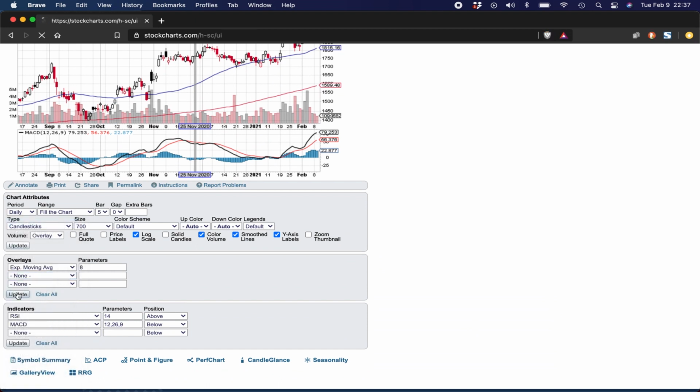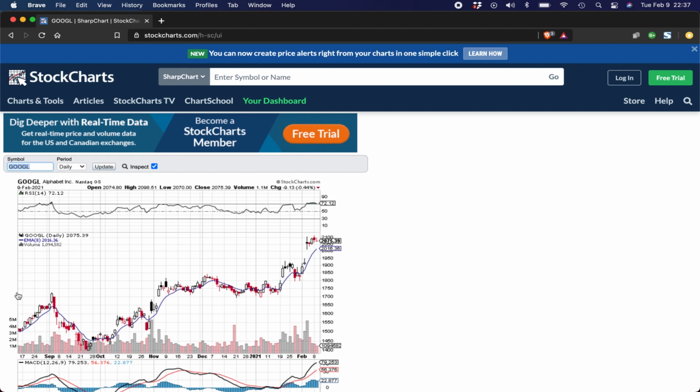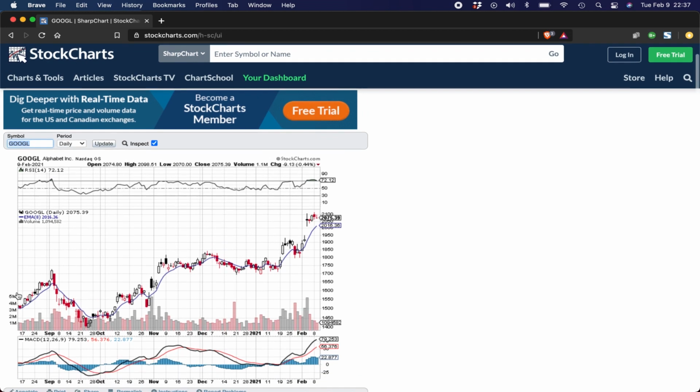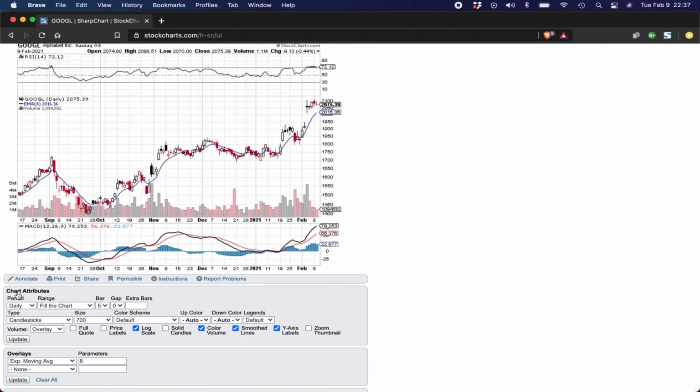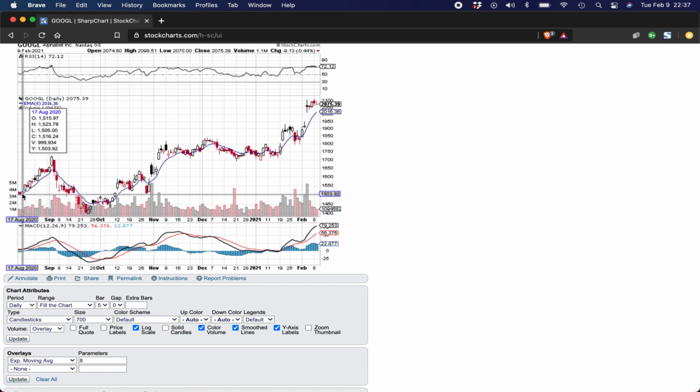So the 8-period exponential moving average is the T-line that's added to this chart here. Now you can see this. So the Google stock price closed above the EMA. So let's say you want to buy the stock here because it closed above the 8-period EMA, which is the T-line. So let's say I get in here.